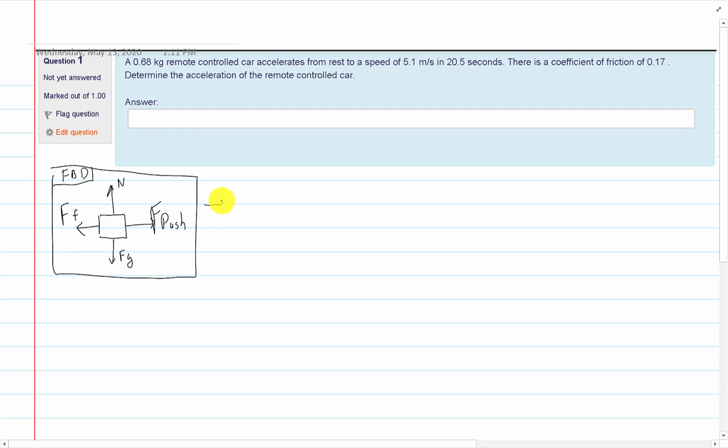It is accelerating this way, it is traveling this way. So we can start off with Newton's second law: F net equals ma.